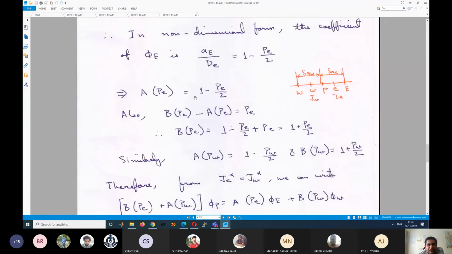A is 1 minus P by 2. So for minus P, what will A of minus P be? Can somebody tell? These are very simple, but I am asking to understand whether you are understanding or not, and because sufficient time is there. What is A of minus P?